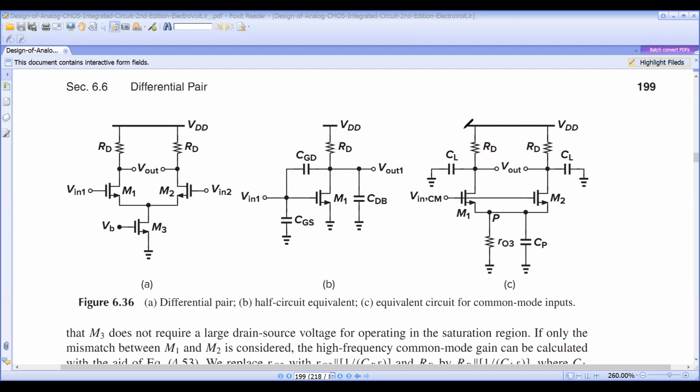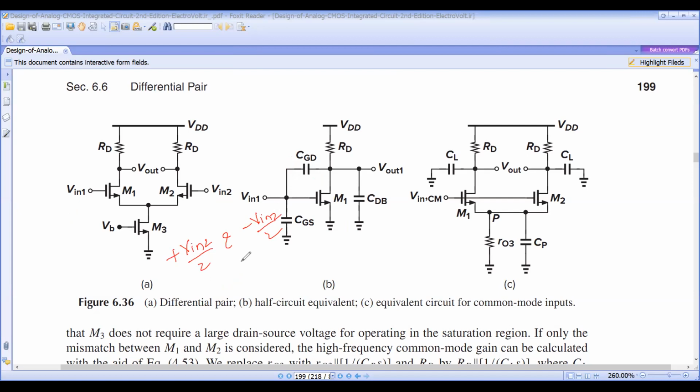Since your input is plus Vin2 by 2 and minus Vin2 by 2, they are multiplied by the same transfer function.